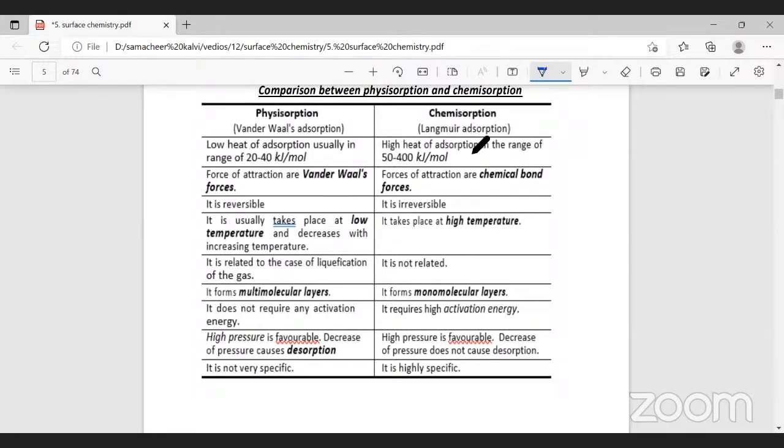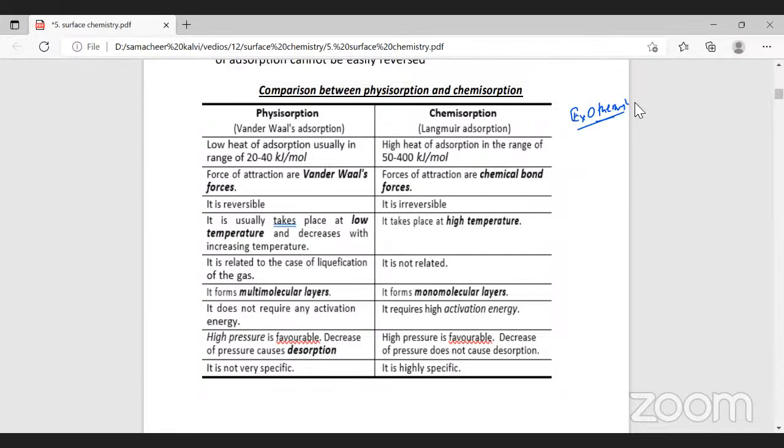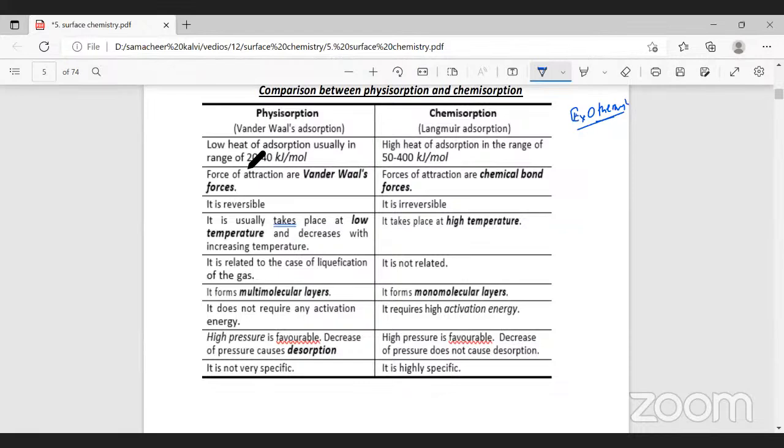Now, as we learned, adsorption is an exothermic process. Exothermic means heat is liberated, heat is given out. In physical adsorption, the amount of heat liberated is less, 20 to 40 kilojoules per mole.